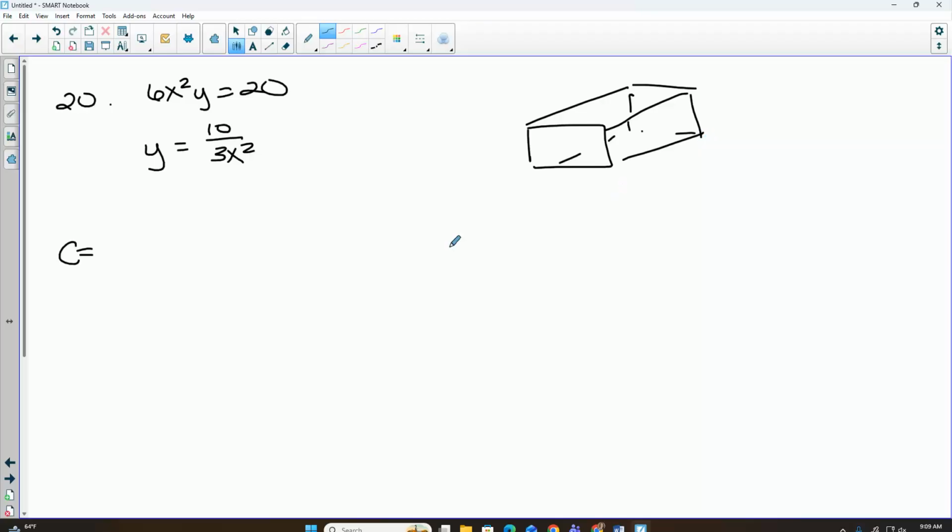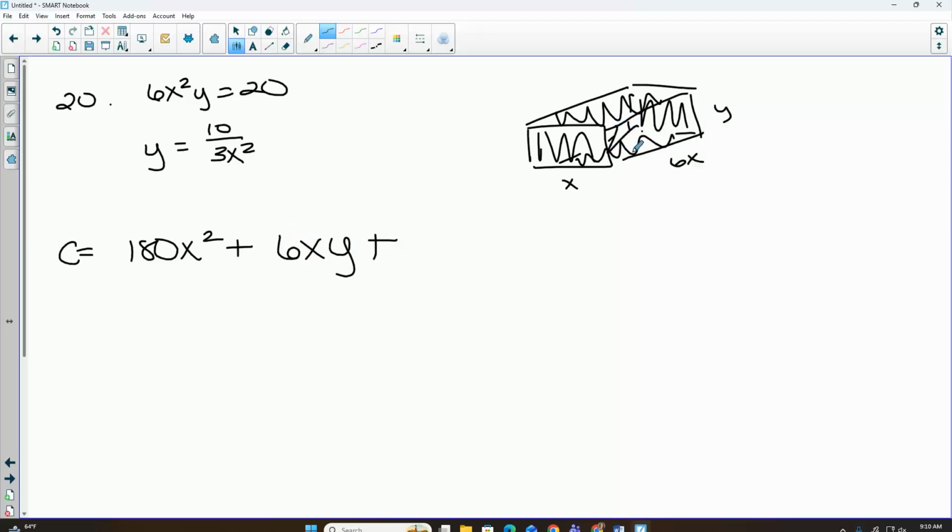So we knew in this, these were our labels, the top and the bottom each cost $15 to make. So we said each of those would be 90x squared, so add like terms, that's 180x squared. Okay, the front has an area of xy, the back is xy, so that's 2xy, and those cost $3.